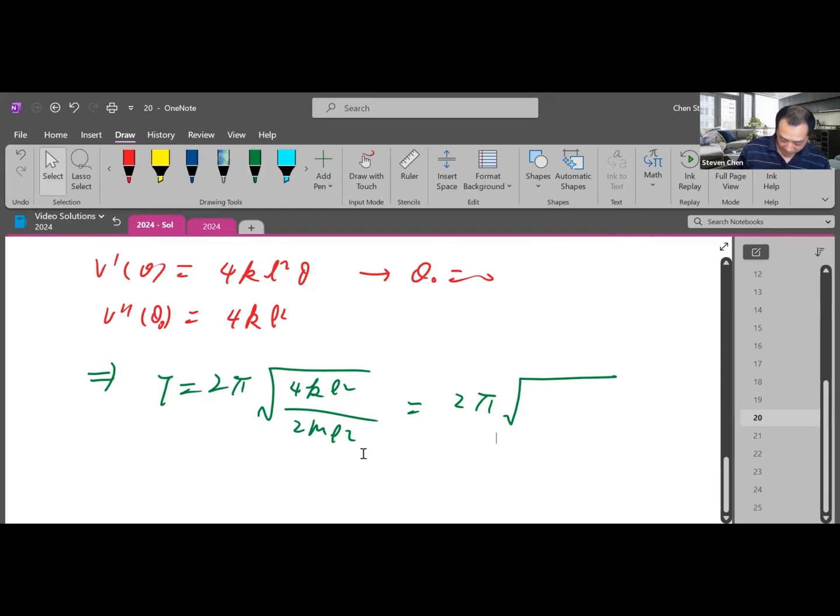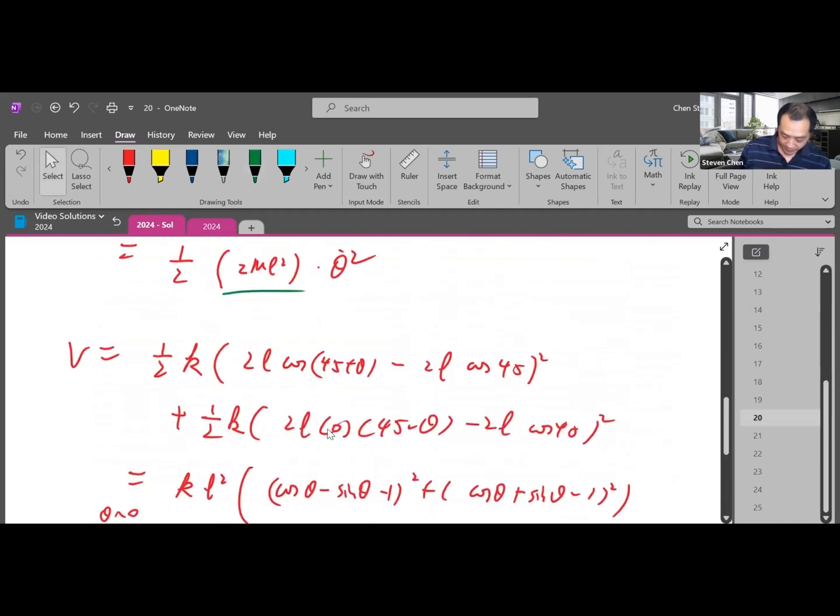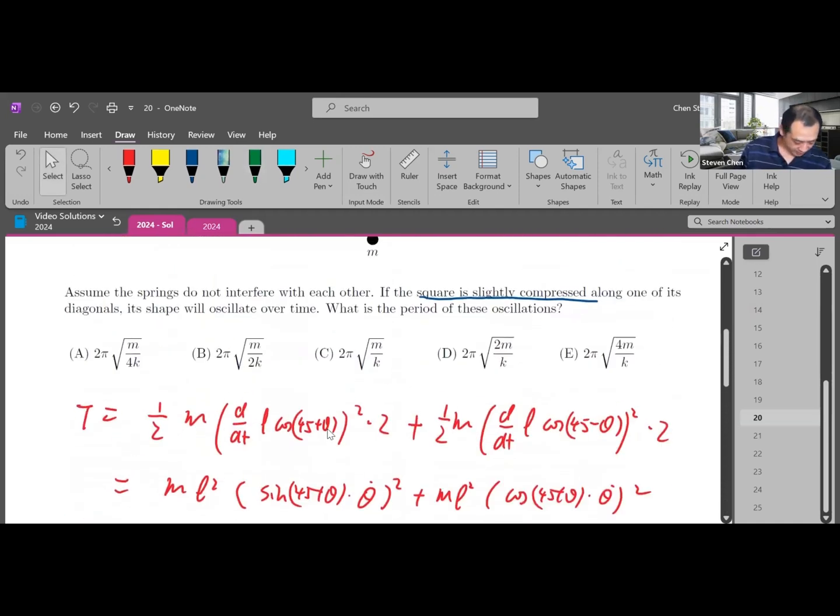Oh, I made a mistake. My bad. The denominator should be 4KL squared, and the numerator is 2mL squared. Now it is correct. So it is 2 pi times the square root of m over twice K. Let's see which choice is correct. It's B.